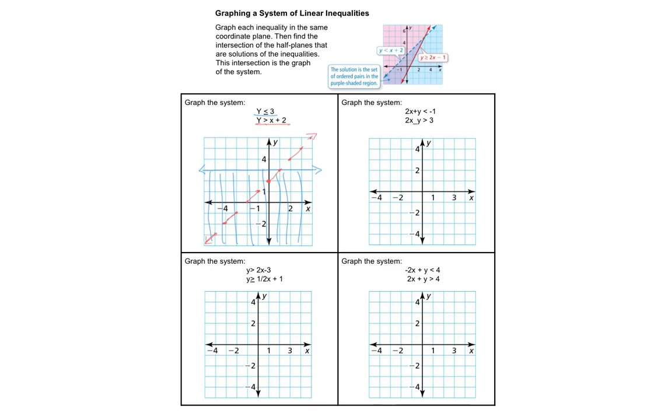And it says y is greater than. So if you want to, you can use the test point 0, 0. So is 0 greater than 2? No. So this would be false. This side would be true. So that's our shading here.